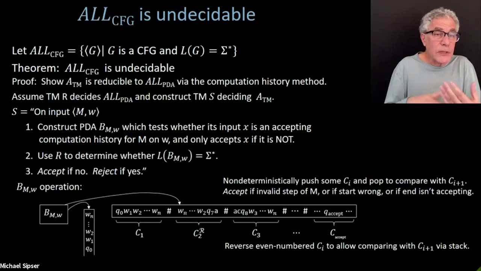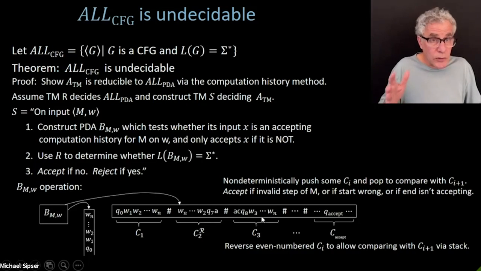If we were going to flip this around and say, let's accept only the good ones and reject everything else, we would have to test that each configuration led to the next one. So we have to check them all. If something fails, it only has to fail in one place, and then we can accept. If it's a good computation history, it has to be good everywhere.